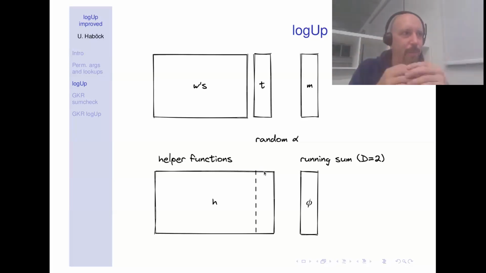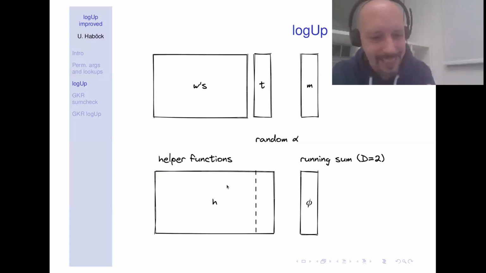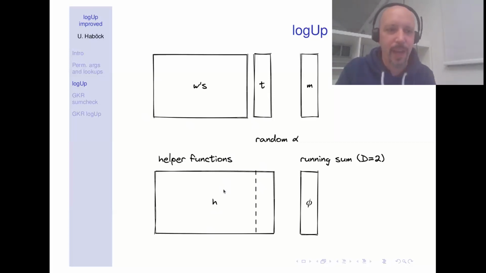In the original LogUp paper from 2022, I'm even trying to predict in terms of operation counts where the sweet spot might be, in the trade-off between higher degree constraints versus paying with higher degree constraints for fewer commitments to the helper functions, by providing helper functions for groups of inverses, for groups of columns.